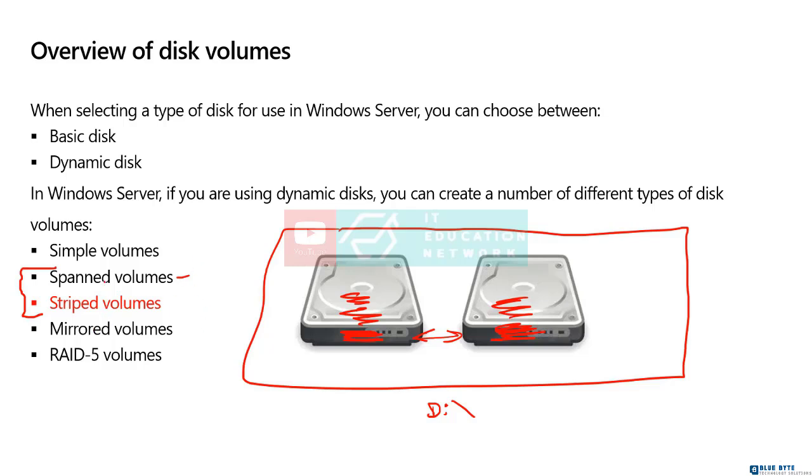Now, there is no redundancy with spanned or striped, meaning whichever one of those you selected, if this drive failed, then the D volume would be inaccessible. Now, that makes sense in this picture because half your data would have been written to the D drive. But let's say you're doing a span volume and you have not yet written anything to this drive.